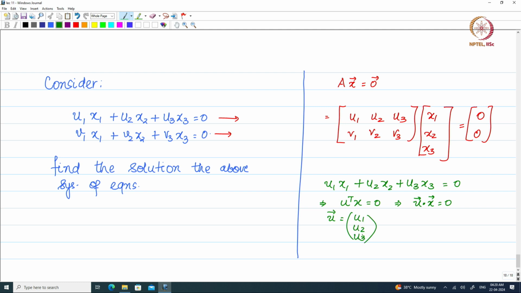Similarly, we have v1 x1 plus v2 x2 plus v3 x3 is equal to 0, which implies v transpose x is equal to 0, which implies v dot x is equal to 0.